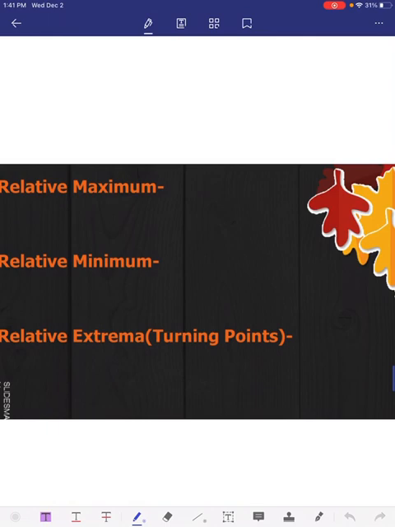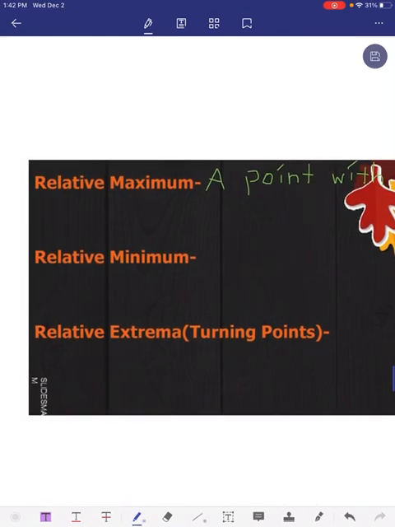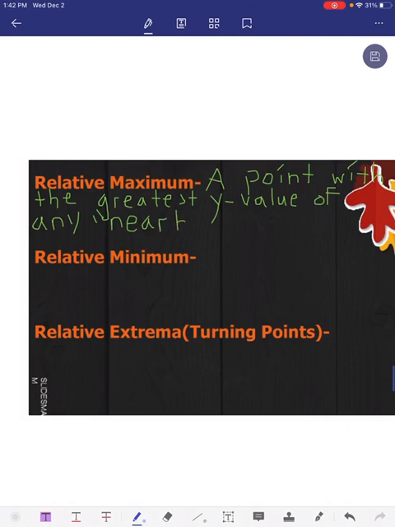So, a relative maximum is a point with the greatest y value of any nearby points.